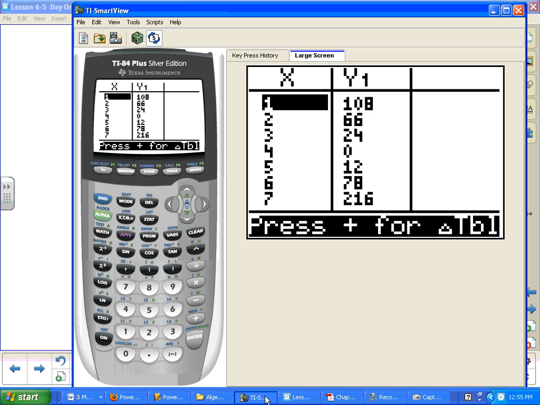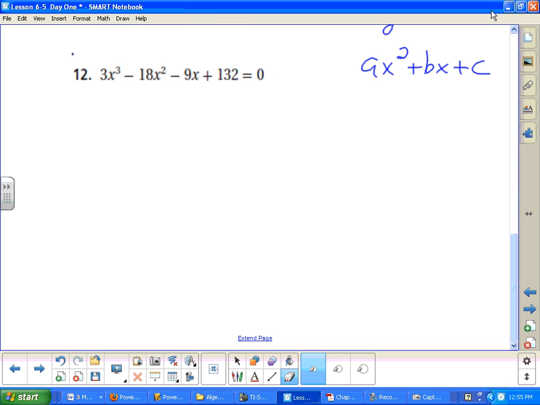All right. So what we're going to do is use the zero that we can find, x equals 4. And then there are 2 other zeros there. Well, we can use synthetic division now to take this cubic function and reduce it down to a quadratic function.